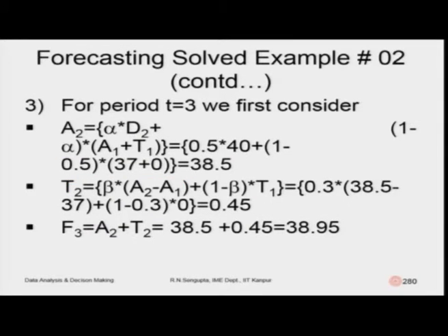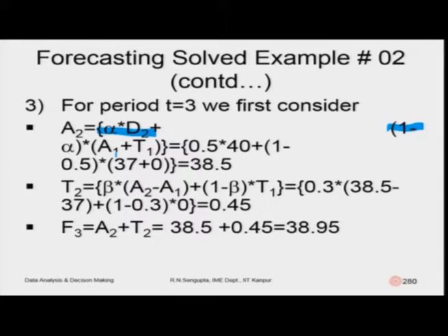Now, for time period 3, we need to first consider the formula: alpha times D2, where alpha would be the weight for the actual demand value for the last period, and 1 minus alpha. So, it is shifted due to the indentation, there is no such problem as such.